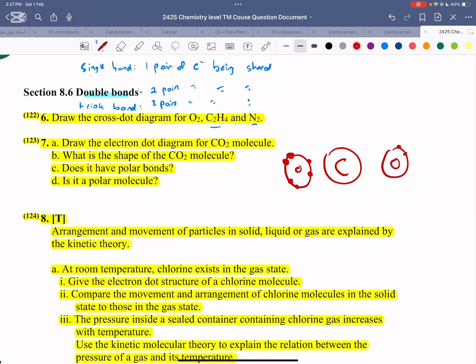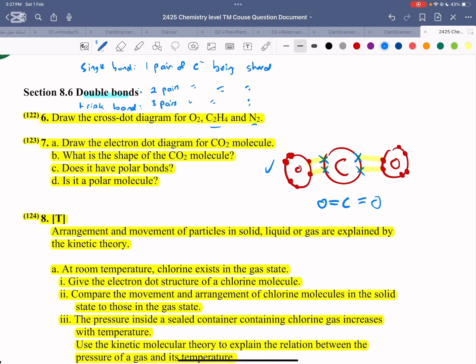Again, 1, 2, 3, 4, 5, 6. For carbon, I'm going to put them as X. 1, 2, 3, 4. Now the reason why I put them here is because I want them to form a bond with oxygen. And you guys can see this is a bond, this is another bond, this is a bond, this is another bond. So carbon and oxygen are bonded by a double bond. This is the electron dot diagram.